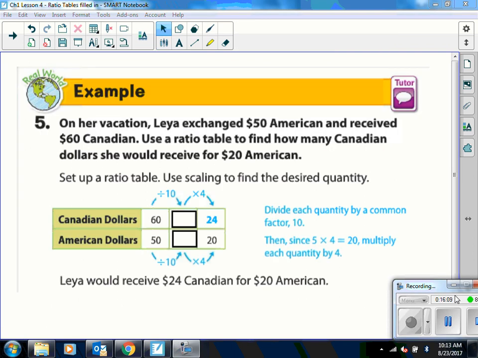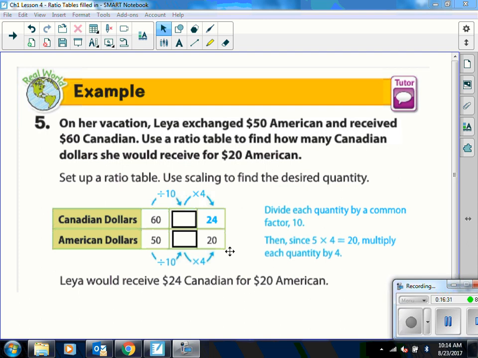All right, so for the last example, it says, on her vacation, Leah exchanged $50 American money and received $60 Canadian money. Use a ratio table to find how many Canadian dollars she would receive for $20 American.